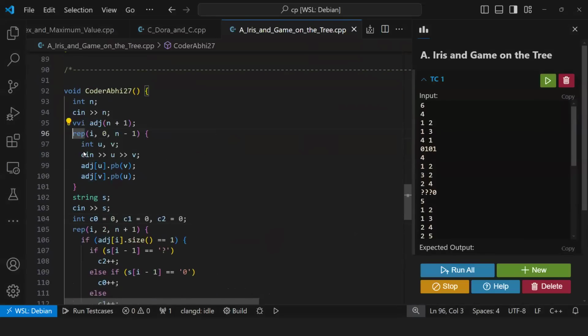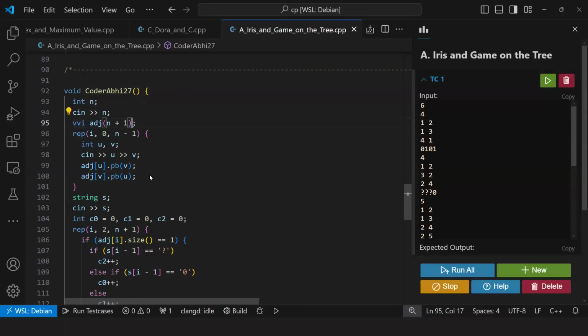In the code, you can see what I did. I took the input, and the other nodes.